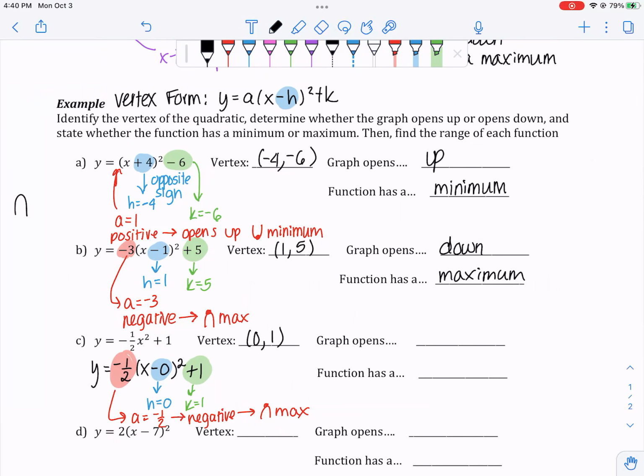I draw a picture. Does this thing have a max or a min? It has a max. Does this have a max or a min? It has a min. So all you have to memorize is that a being positive opens up, and you can think of positive people as happy people. So they open up, they're concave up, and negative people are sad people, and they open down. At least that's one way of looking at it. So anyways, this graph opens down, and it has a maximum.